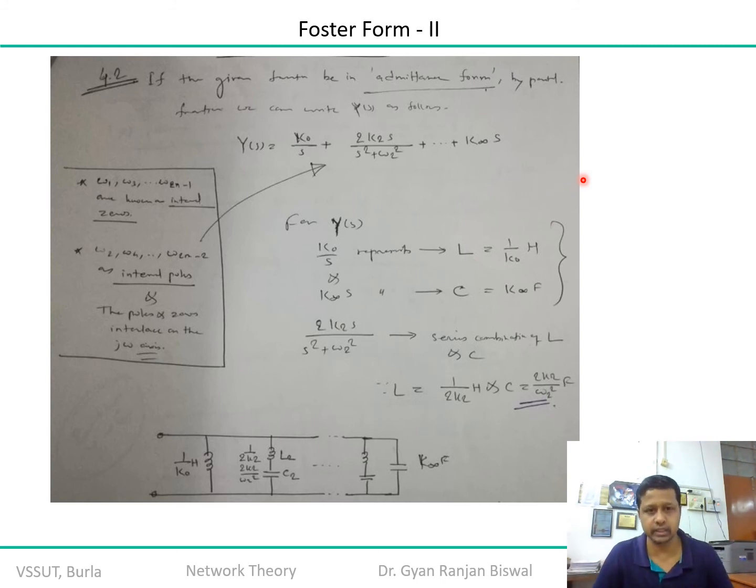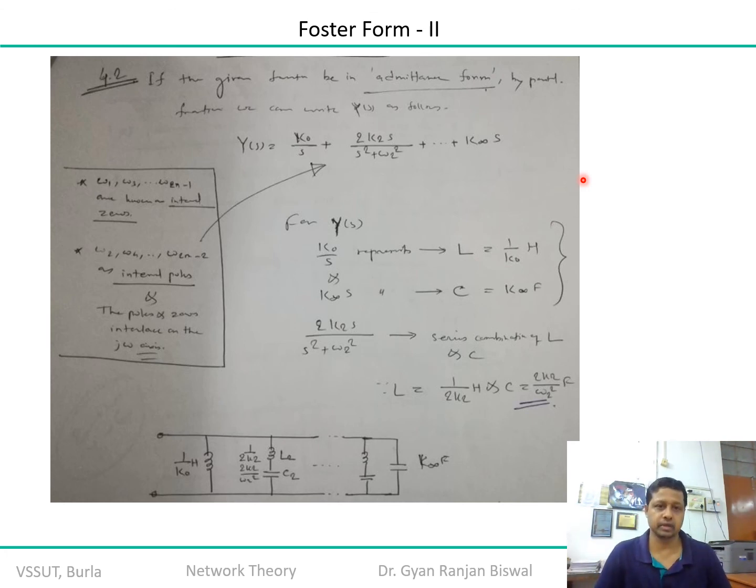Similarly, 2K2s/(s² + ω2²), which in Foster form 1 was the parallel LC network, has as its dual a series LC network, such that the value of L is 1/(2K2) Henry, whereas the value of C is 2K2/ω2².